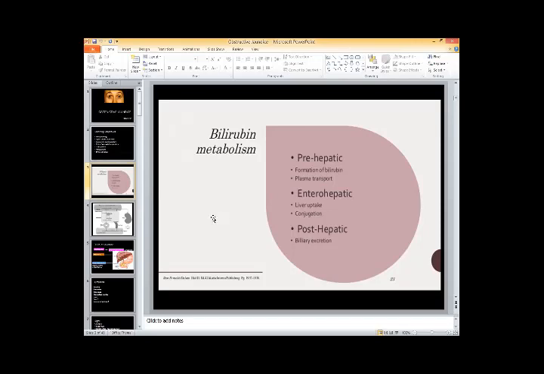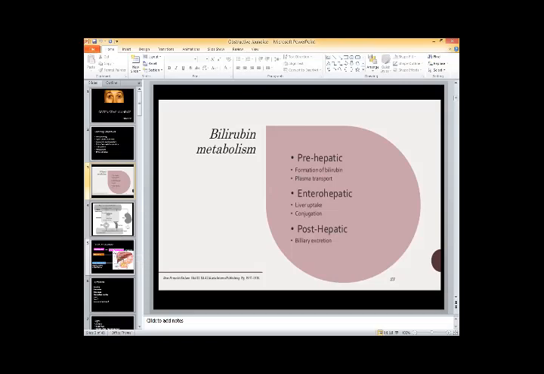So to understand the causes and the different presentations of hyperbilirubinemia, we need to know the metabolism of bilirubin. Bilirubin is actually a breakdown product of red blood cells. Red blood cells carry hemoglobin, and in hemoglobin, the heme and globin portions are separated.